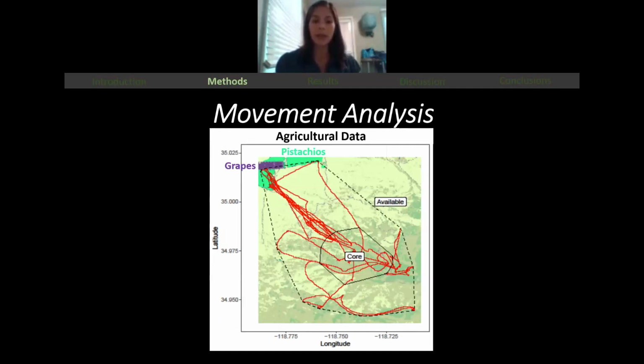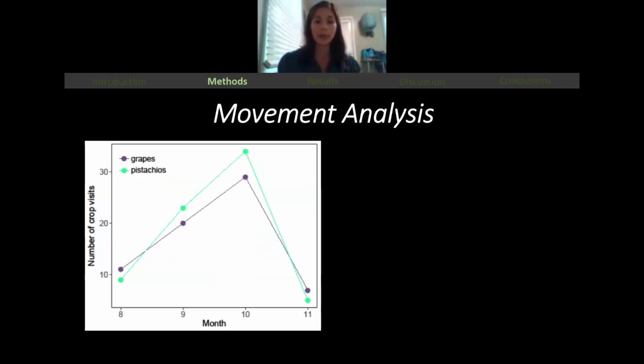So here in red, we have the pig's movement pathway, and then that pathway is bound by the dotted line labeled available. So that's the 100% MCP. And then sort of in the middle of this, we see a smaller polygon outlined in black, and that is the 50% core home range. And then we can see that in the upper corner, this pig had pistachios and grapes available to it.